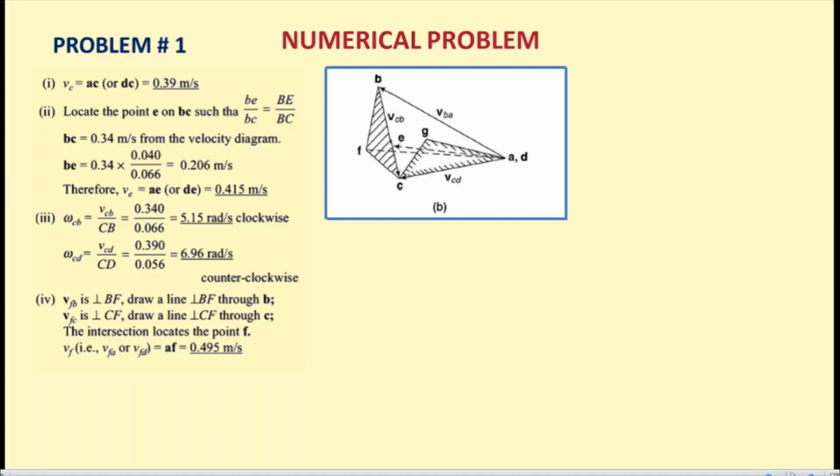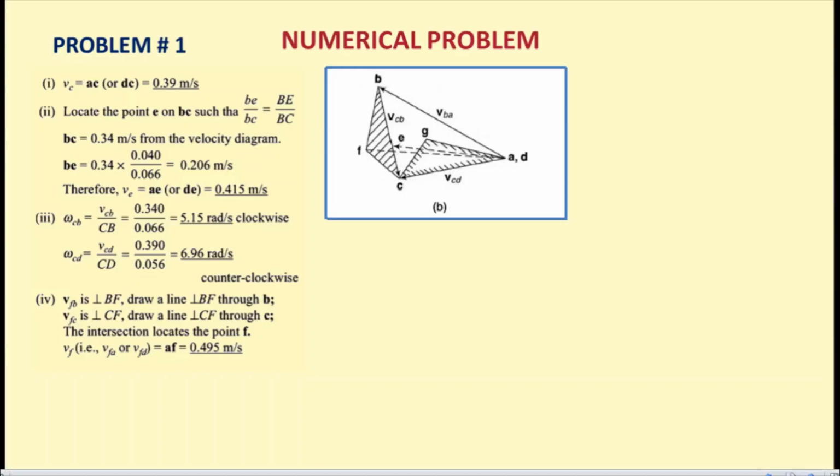So the actual length BE by BC should be equal to velocity vector be by bc. Since bc is measured as 0.34 meter per second from the velocity diagram, to find the velocity vector be length we put the values in the previous equation and get the value as 0.206 meter per second.